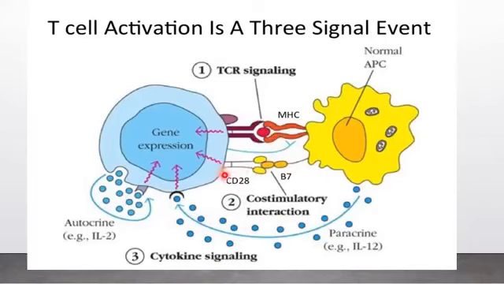The second is when the CD28 expressed on the T cells binds to the B7, which is the CD80 and CD86 marker on the antigen presenting cell, that will enhance the release of interleukin 12, which leads the T cells to release interleukin 2. So in the T cell signaling pathway, we've got co-stimulatory interactions and we've got the cytokine signaling pathway.